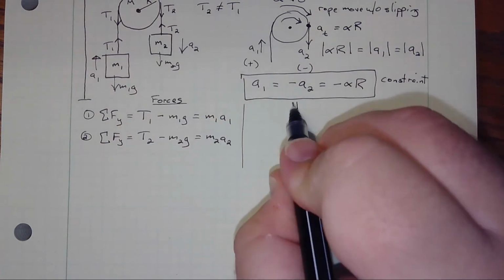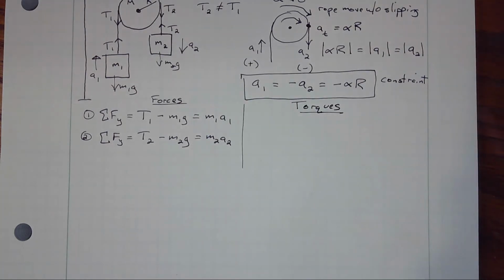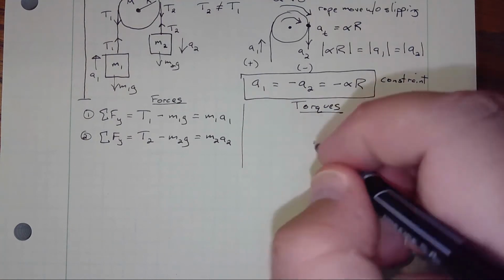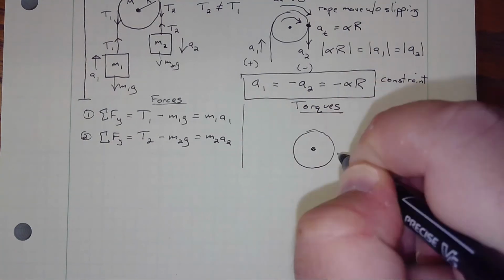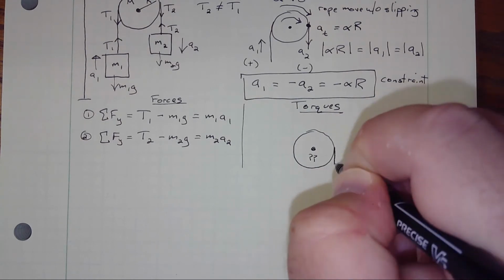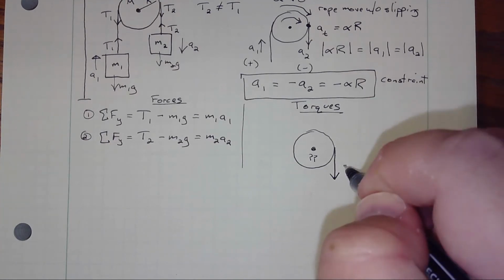Now we have to come over here and look at the torques that are acting on this disk. If this disk is undergoing an angular acceleration, then there must be a net torque on it. And as we stated way up here, if I look at this object, we're pivoting it at the center, so that becomes our pivot point. The tension is acting as if it were along this edge here. So we have a tension T2.